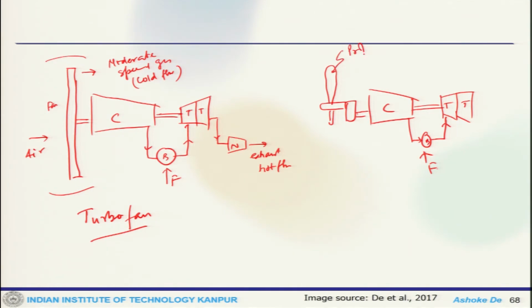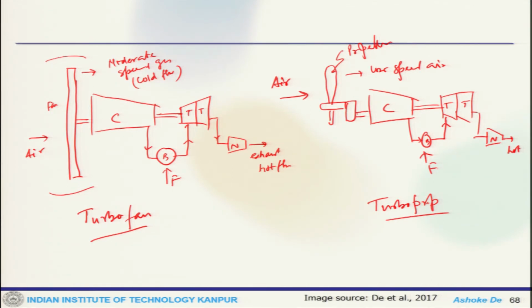This is the propeller, this is low speed air. Here is the air inlet, and finally it passes through the nozzle to hot gas. So, that is your turboprop.